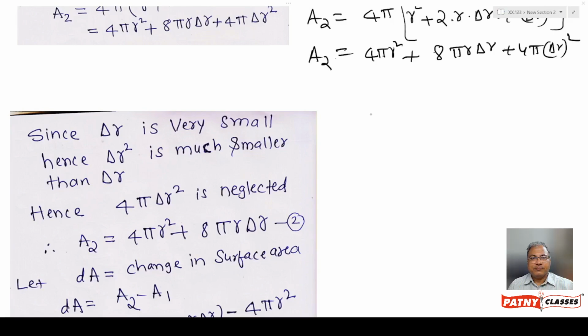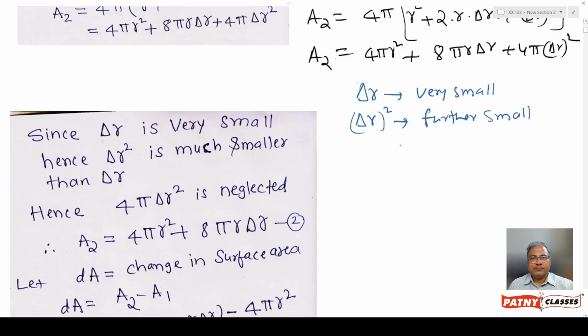Now the change in the radius delta r is very small. If you square a small value, you get a further smaller value. So delta r square becomes further small, and we are neglecting delta r whole square.